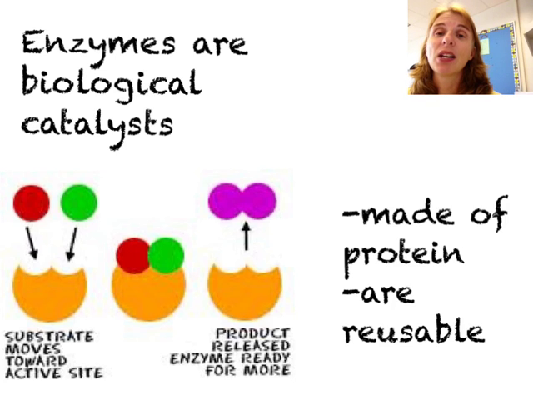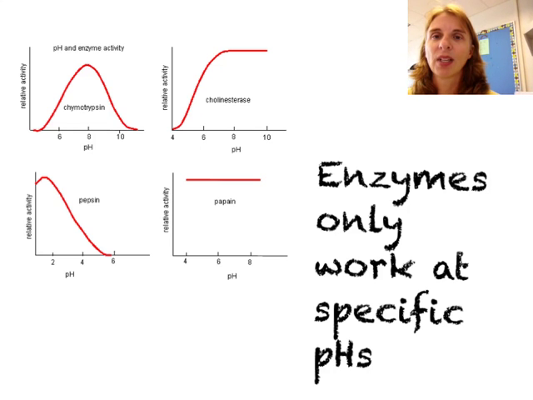However, because they work in living organisms, there are some limitations. One of the limitations is a limited pH range. Depending on where the protein is designed to work, if you put it at a vastly different pH, it's going to mess with the chemical bonds. Remember from the protein video when we talked about secondary, tertiary, and quaternary protein structure?